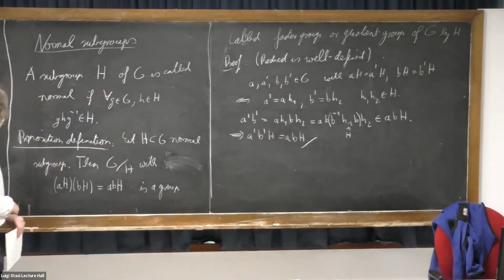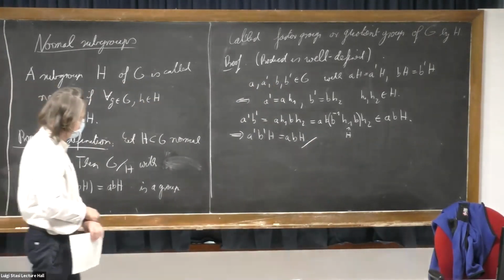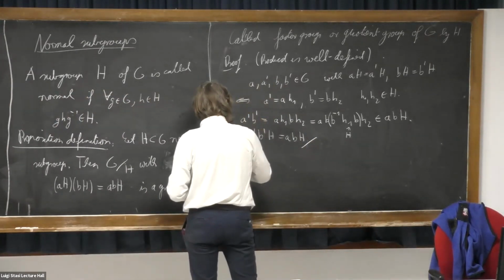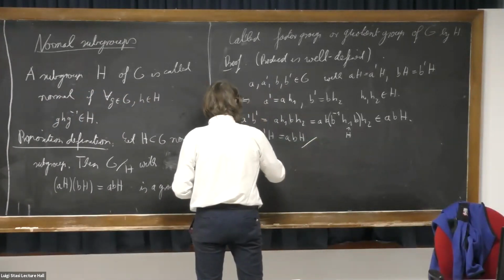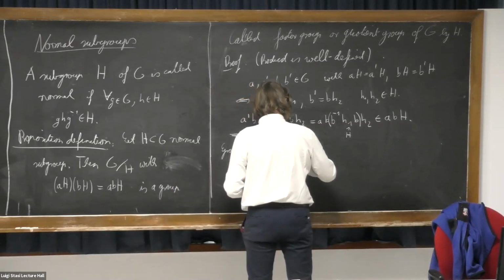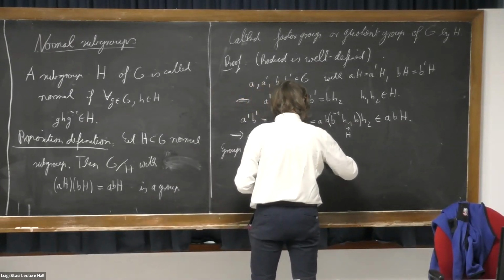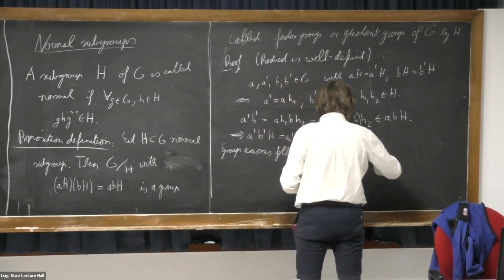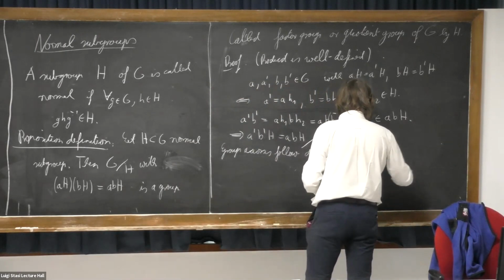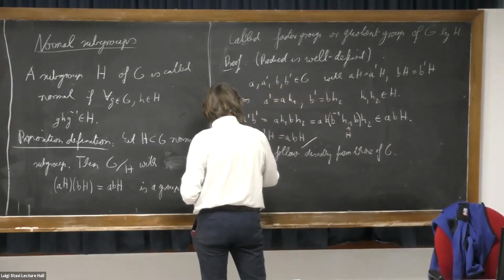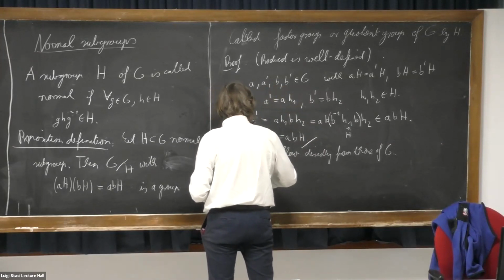So the rest is trivial. We want to show that this defines a group, but the group axioms follow directly from those of G. Just let me write down the associativity. We have aH, bH and cH.